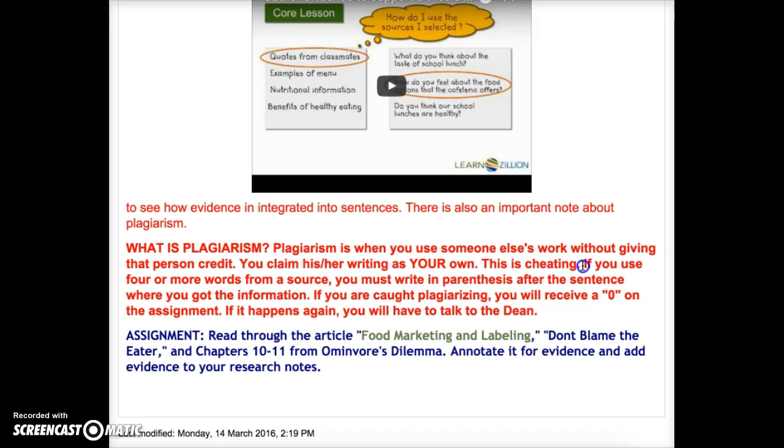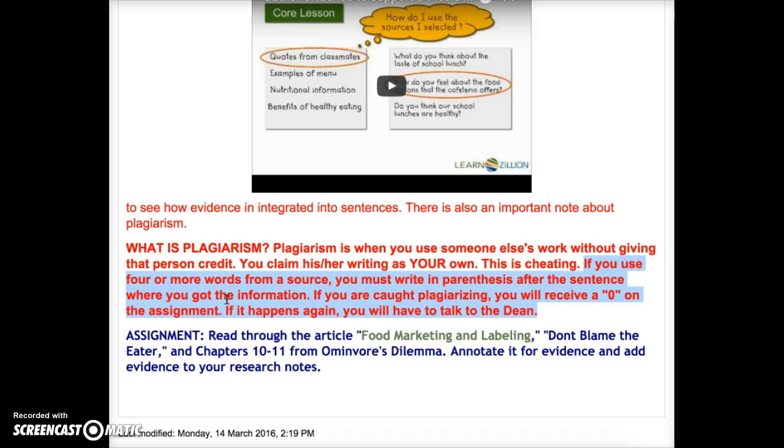So if you use 4 or more words from a source, you must write in parentheses after the sentence where you got the information, the citations. We've been doing that in class. If you don't do that, then you're stealing the information and you will receive an automatic 0 on the assignment. This is a really big deal.